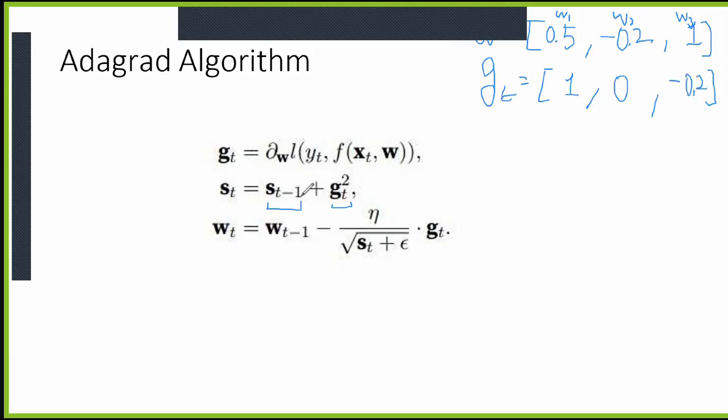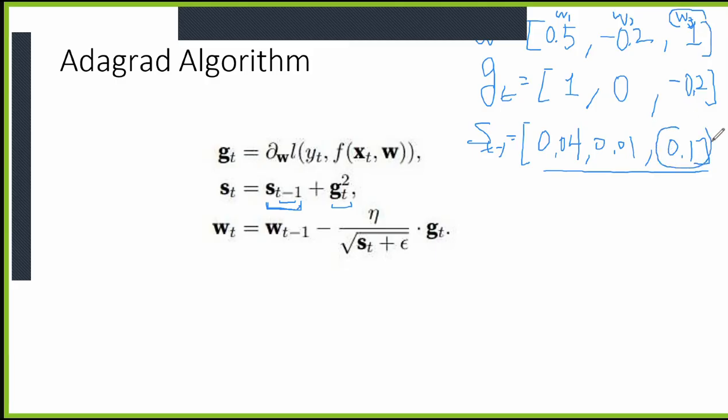And the accumulated gradient up until the previous time step, t-1, let's say was 0.04, 0.01, and 0.1. This tells us that up until now, weight 3 was the most updated.